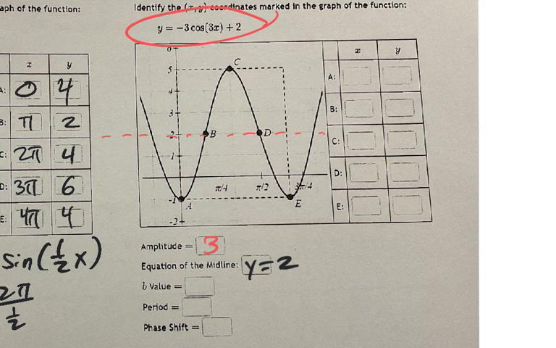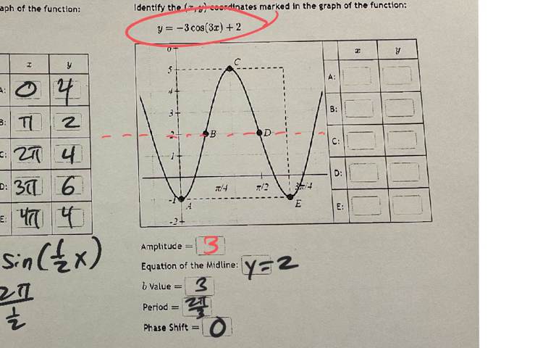What's my B value? I can't do that without the equation. It's 3. Which means what is my period? 2 pi over 3. Phase shift ain't 1. 0.